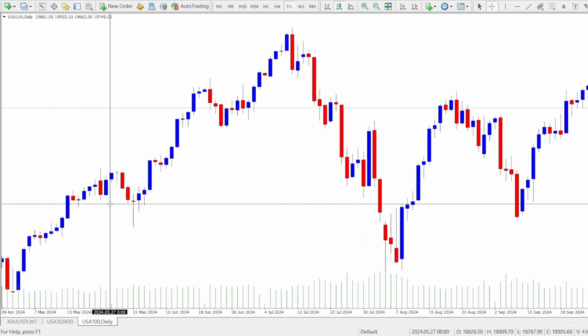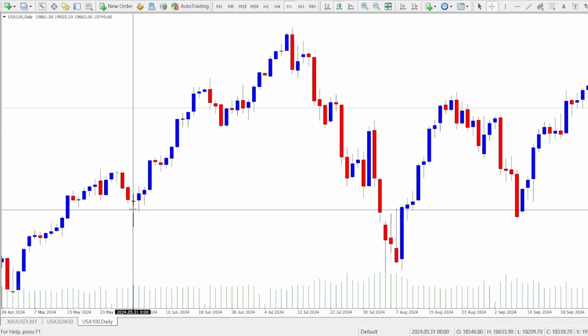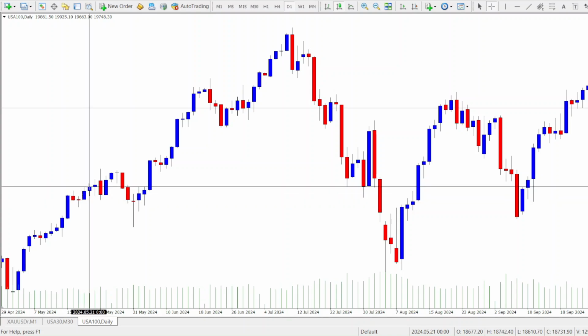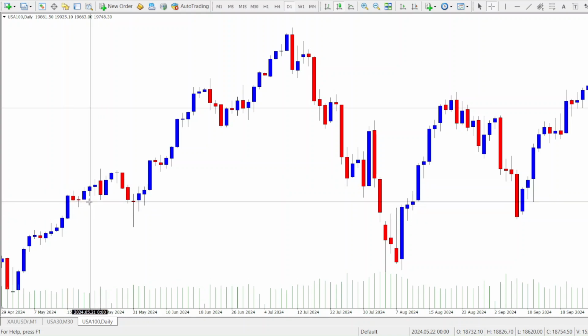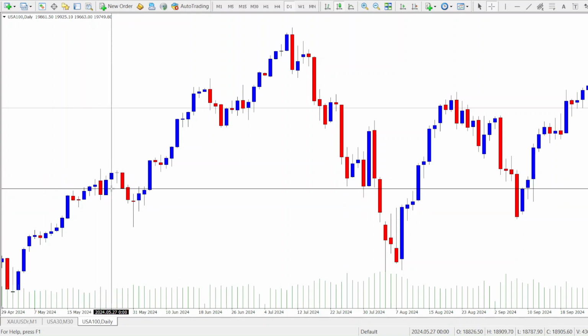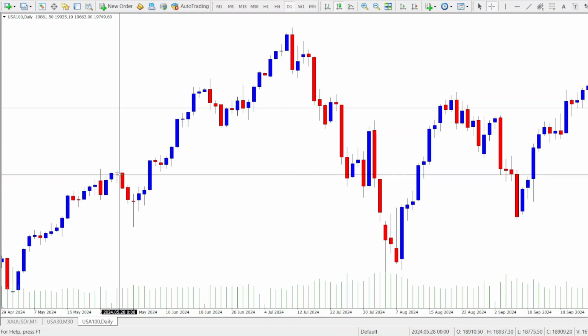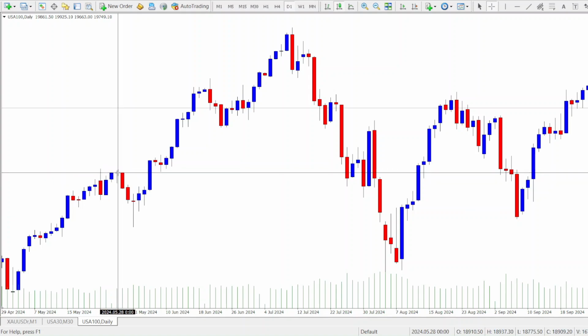Now, we can see that there was another doji here, a period of indecision, and right after the bulls prevailed, we can see that price rallied upwards for a while, and then another doji formed, which showed indecision again. In this case, price reversed.